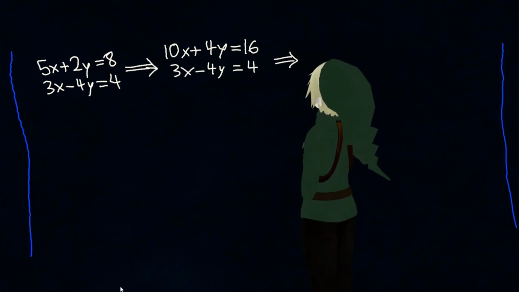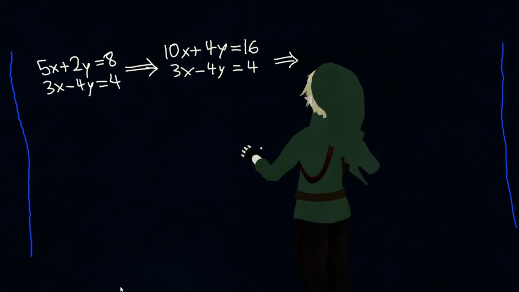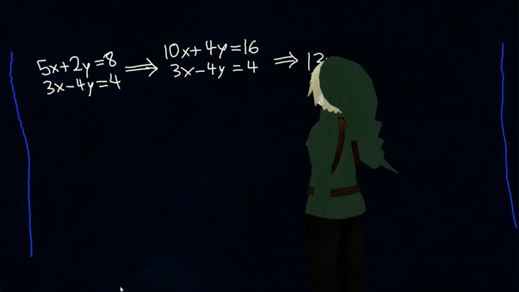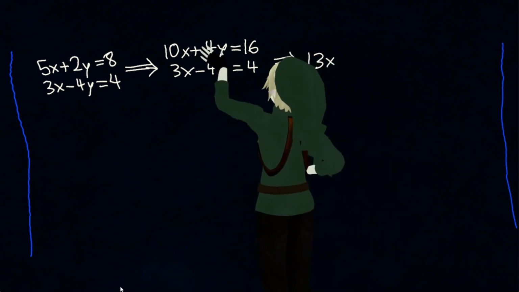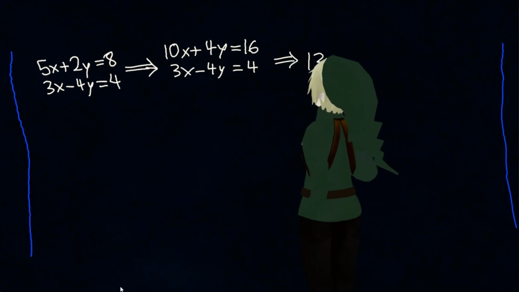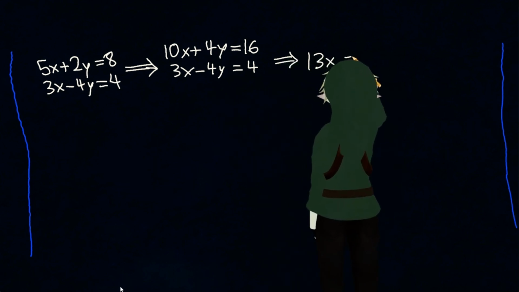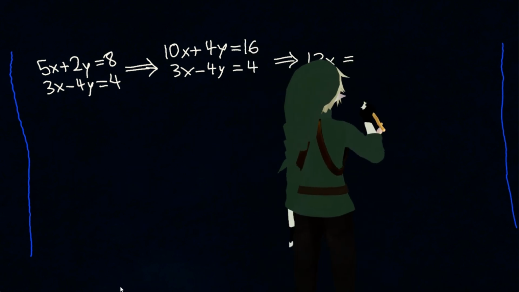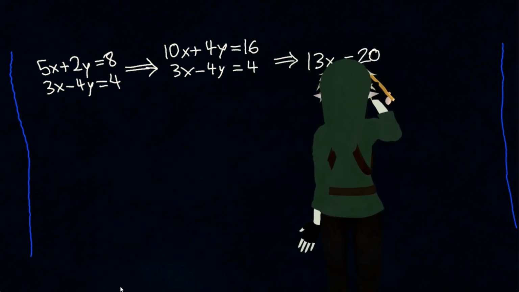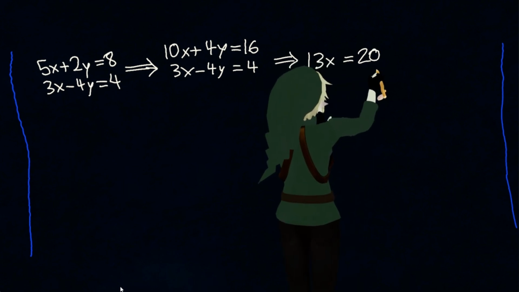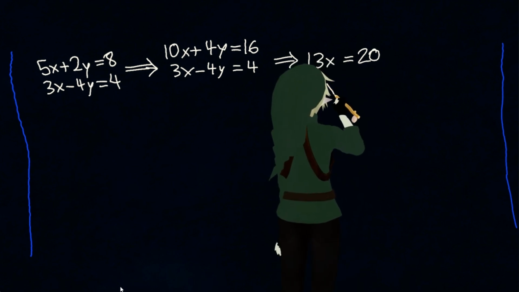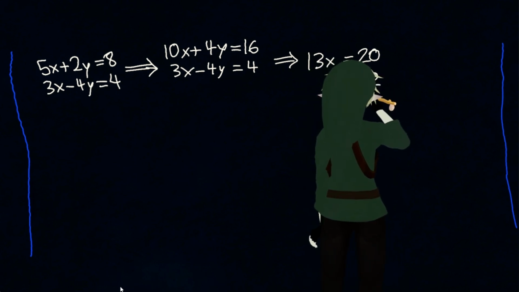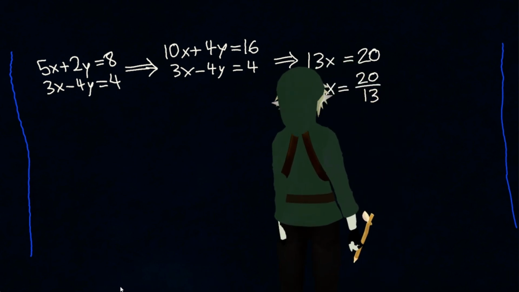If we add these two equations, 10x plus 3x gives us 13x. The y terms give 0, so we can just put the equals sign here, and 16 plus 4 is 20. Divide both sides by 13, and you get x equals 20 divided by 13.